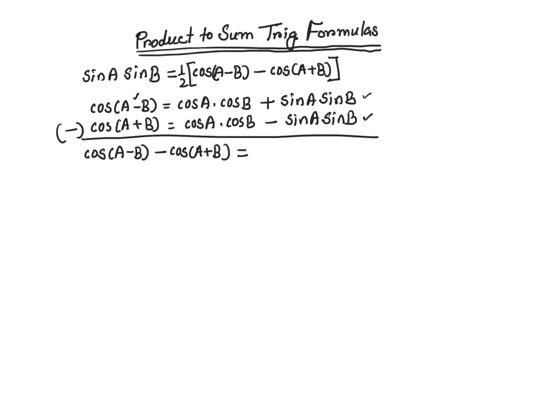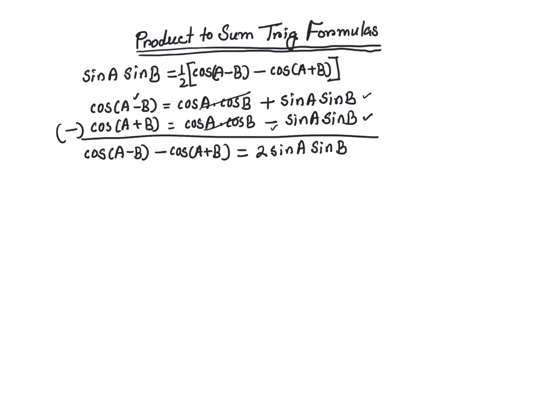Since I'm subtracting, this and this is going to cancel out, and this is a negative sign, right? So negative times negative, when I subtract, is going to make it positive. So that's going to give me 2 sine of A times sine of B.